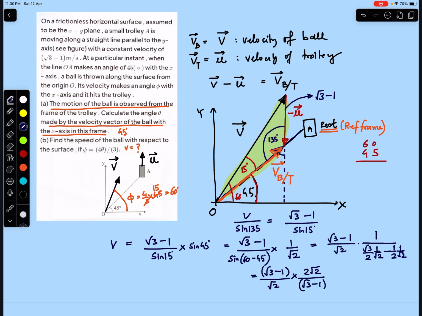So this root 3 minus 1 will cancel out and this root 2 will cancel out, leaving 2. That means V, or velocity of ball, is equal to 2 meter per second. The speed of the ball with respect to ground is equal to 2 meter per second.